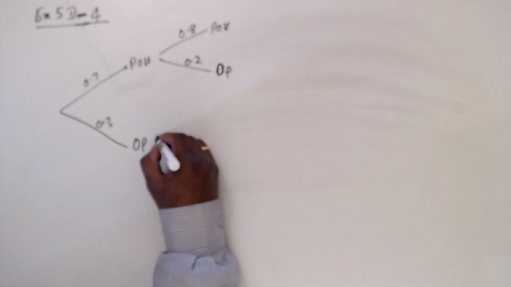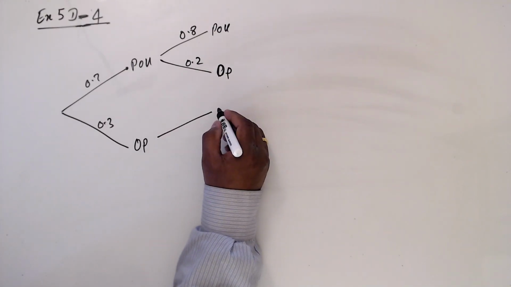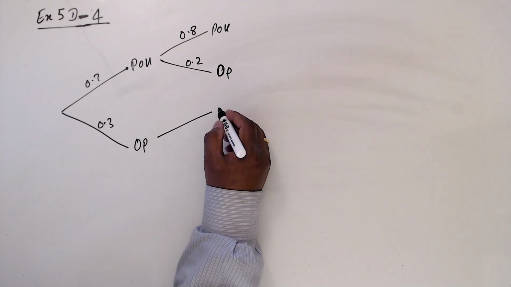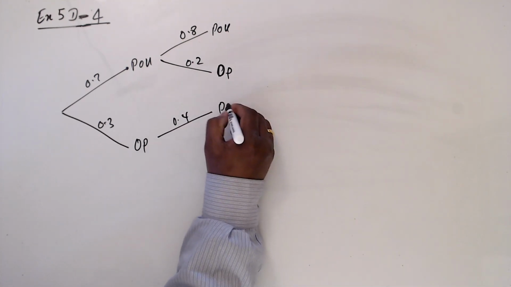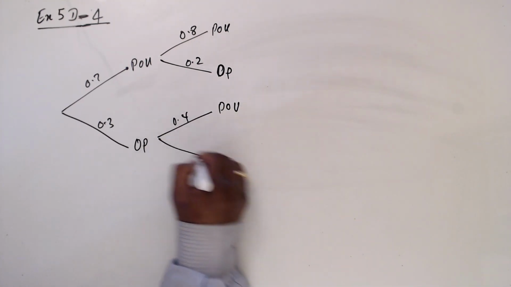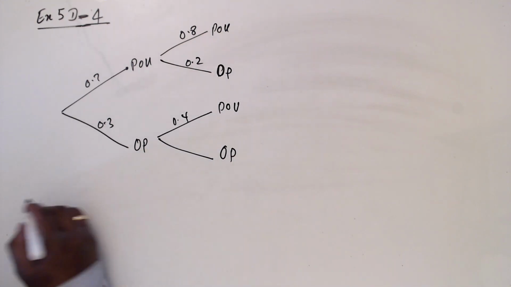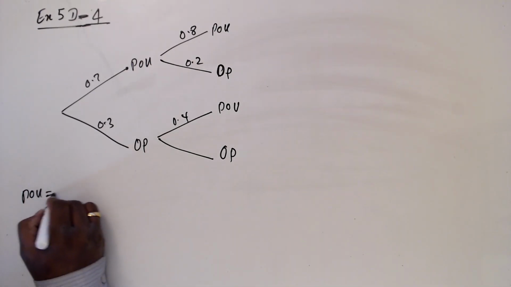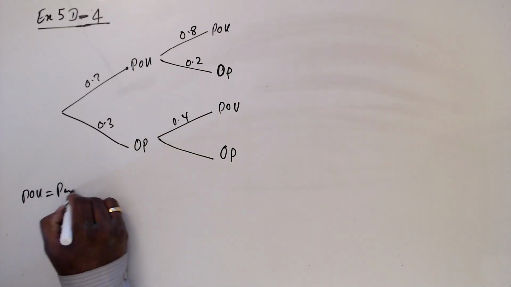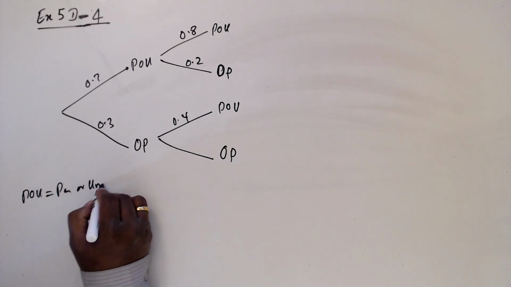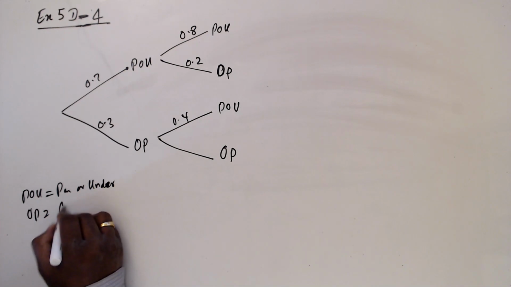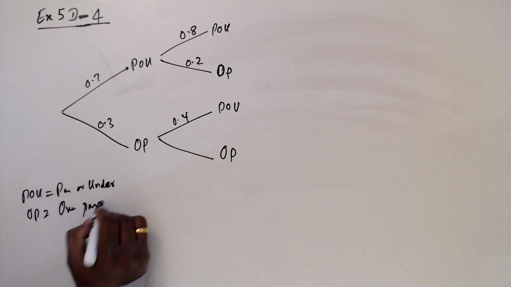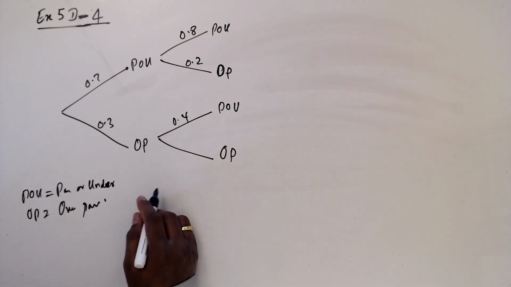If we fail, then it is 0.4 par or under. POU is par or under, and OP is over par. Draw the diagram to show the information.